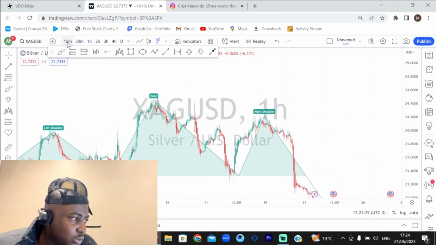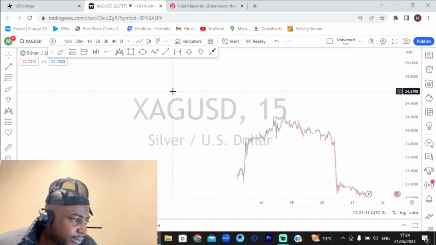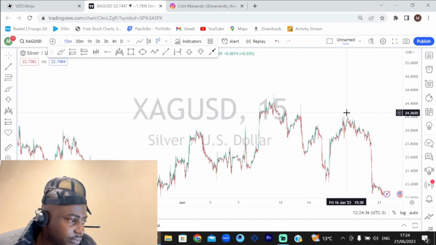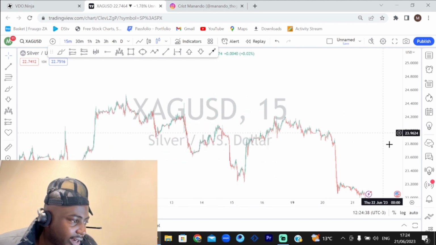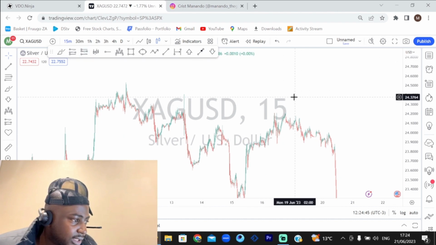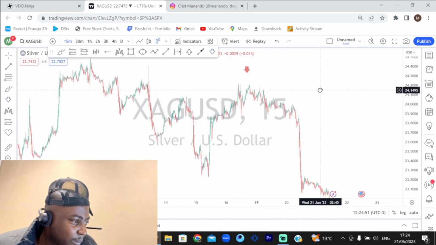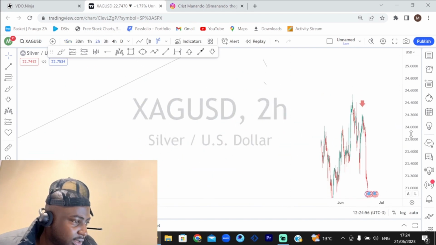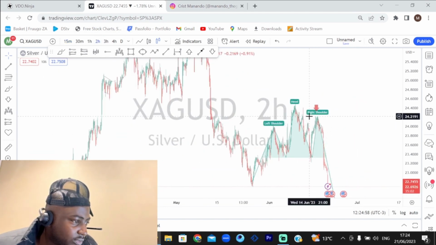So that's cool. Zoom into the 15-minute time frame to really see what's happening. Okay, so our pattern moved, but then this is, hold on. So this is the right shoulder, right? If I zoom in, you can see this is the right shoulder.